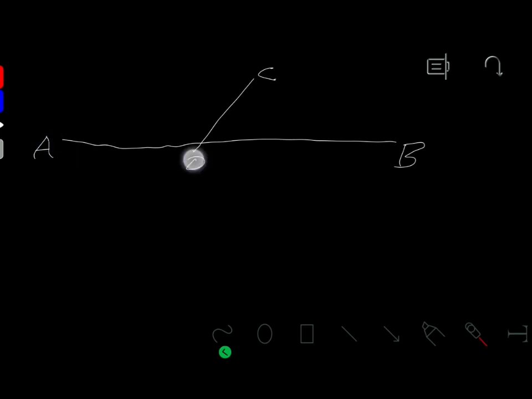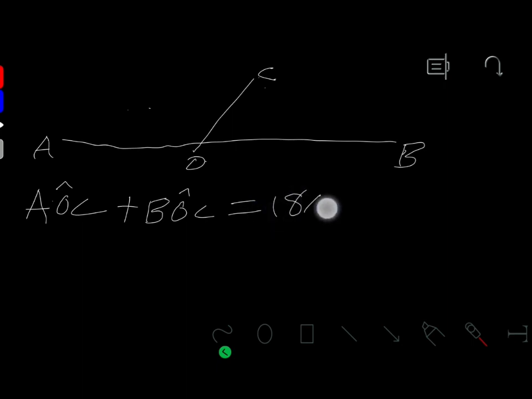AOC, which is this portion of your line, AOC plus BOC is equal to 180 degrees. We said that a few seconds ago.